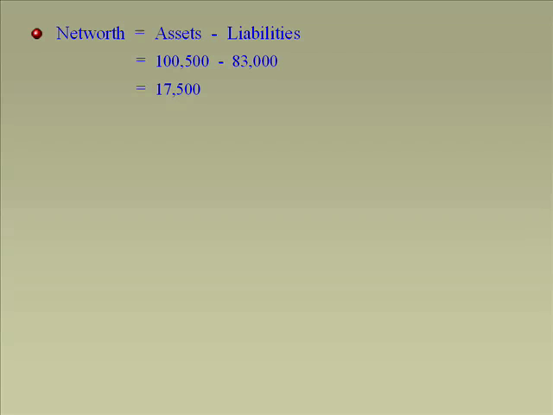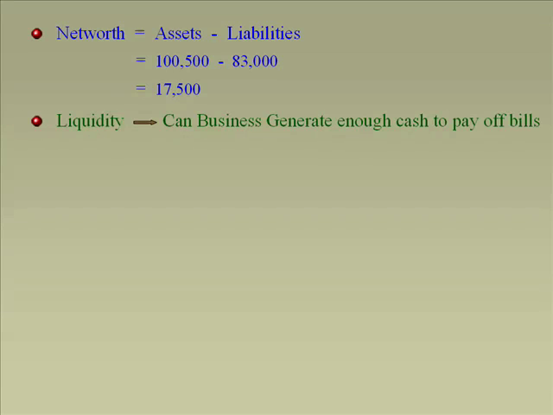Part D. I wanted to ask you about liquidity. What is liquidity? Can the business generate enough cash to pay off bills? This is very important. How would a loan officer measure liquidity?